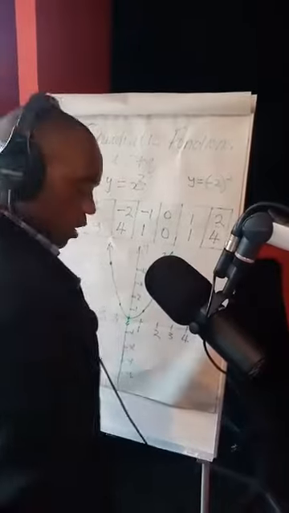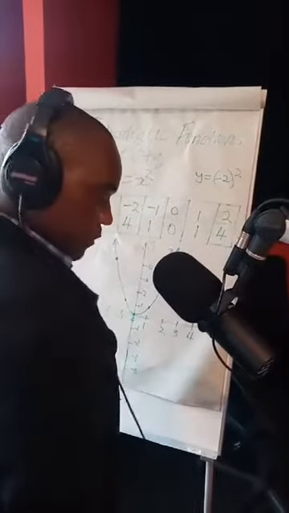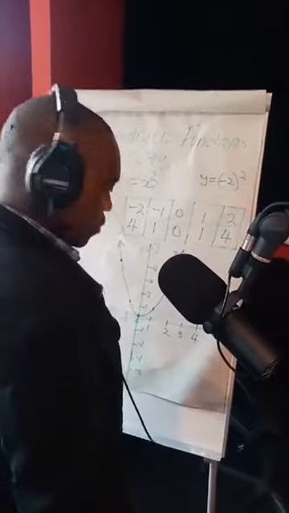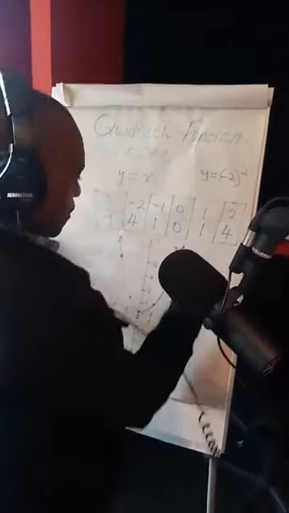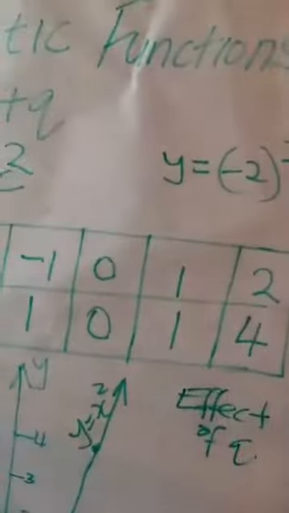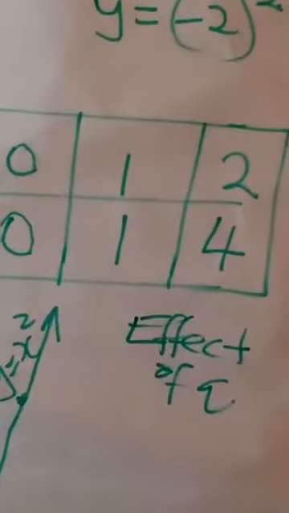Right, let's check now when we change the value of q. So we are now going to look at the effect of q. And remember, for us to find the effect of q, we may need to just use the mother graph. We don't change a, we just change q.